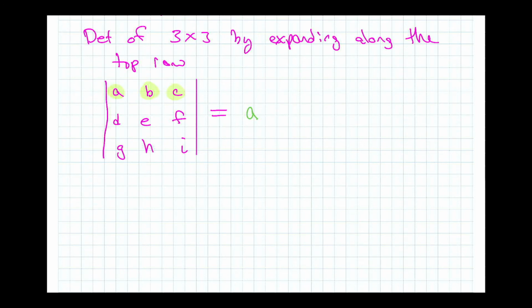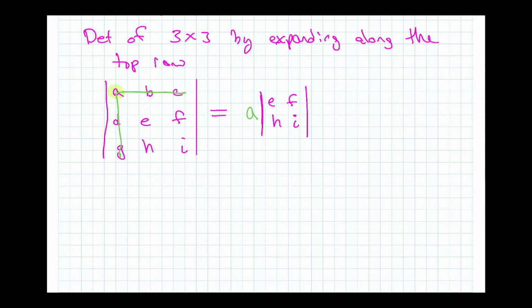If you cross out the row and column that the A came in, then what you have left is E, F, H, I. That's 2 by 2, and you write that here. E, F, H, I. So that's how you start out.